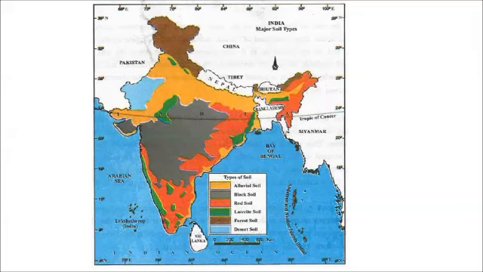And then there is forest soil, which you can take to the north of India, that's the Jammu Kashmir area, or you can go to your right hand side top, that is the northeast. Some part is shown brown over there, that is forest soil.